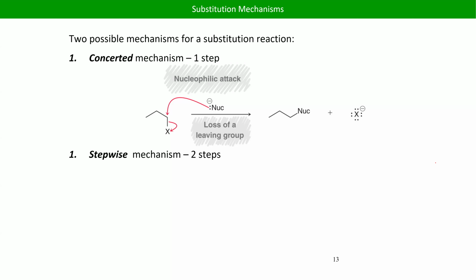Concerted means all at once. That's just a good English vocab word. And stepwise is the sciencey way of saying step by step or one step at a time.